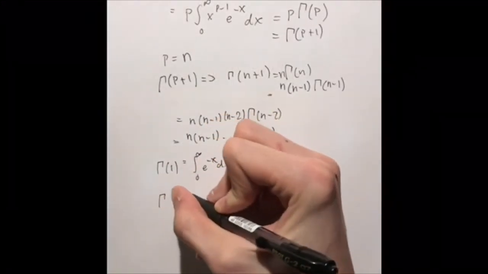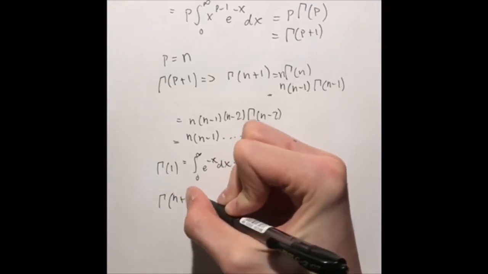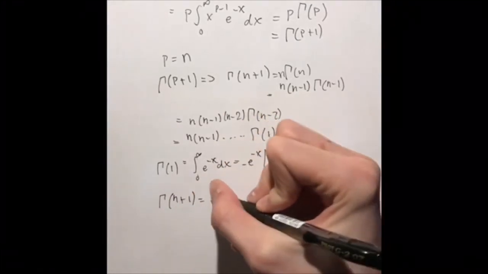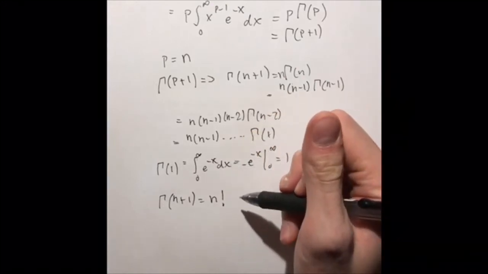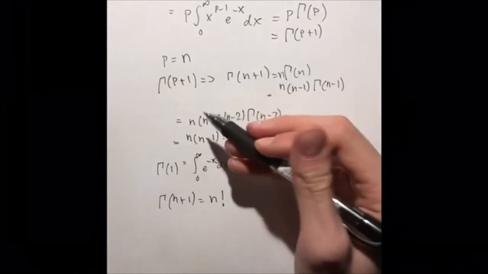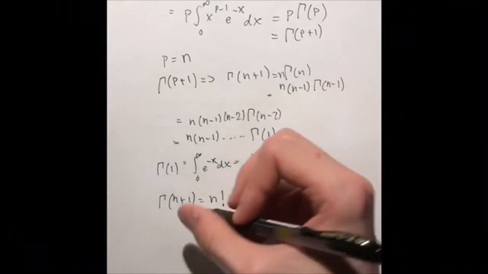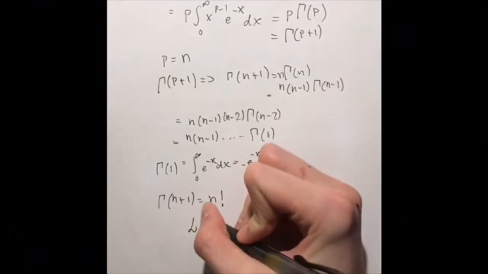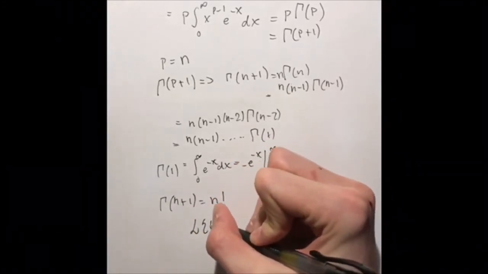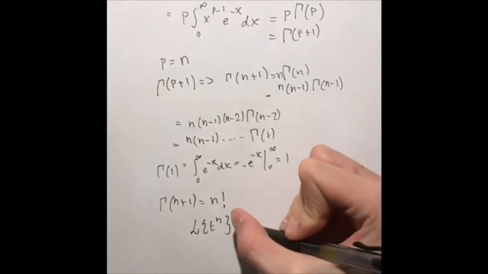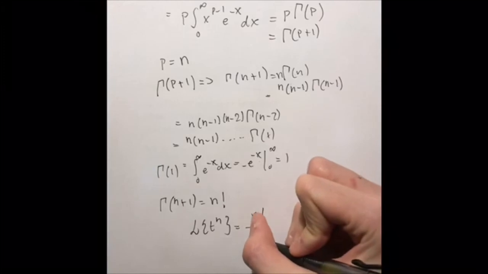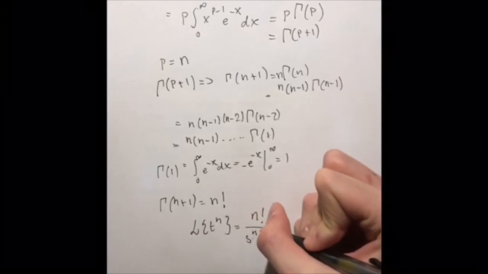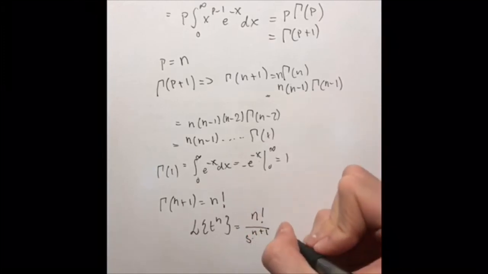Thus the gamma of n plus 1 equals n factorial. And so from the last problem we get that the Laplace transform of t to the n equals n factorial over s to the n plus 1. And we're done.